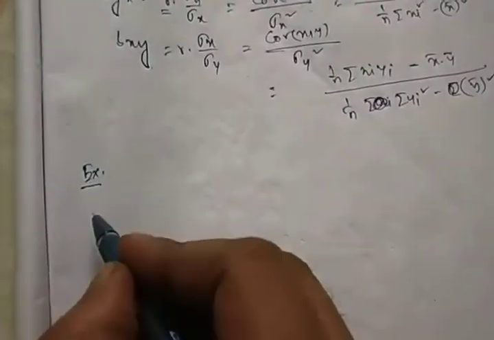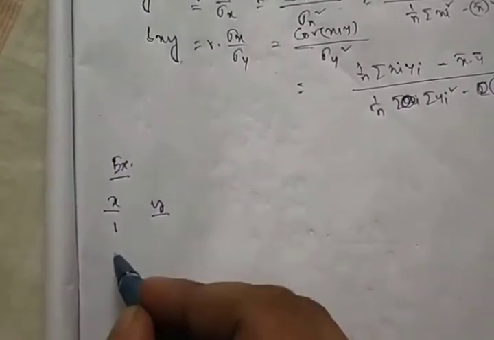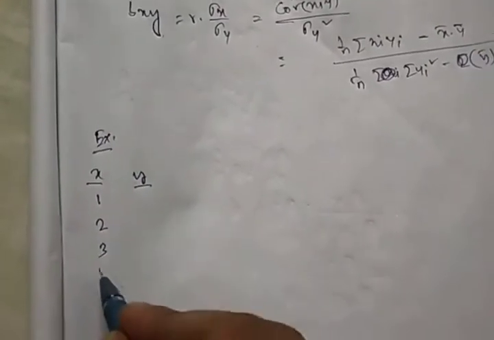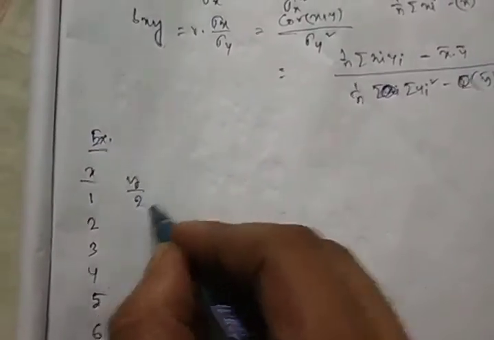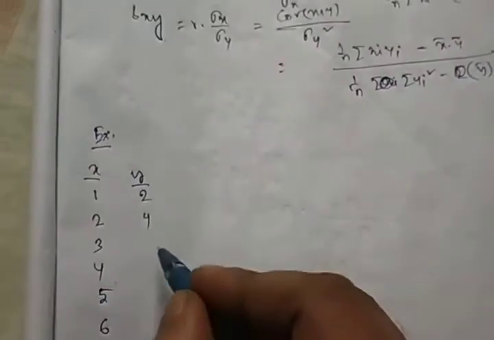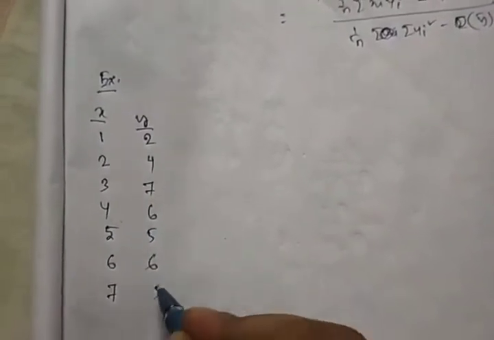Two variables are given, x and y. x is given as 1, 2, 3, 4, 5, 6, 7, and y is given as 2, 4, 7, 6, 5, 6, 5. Okay.